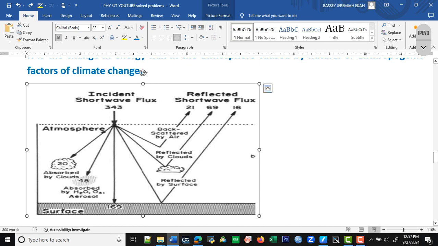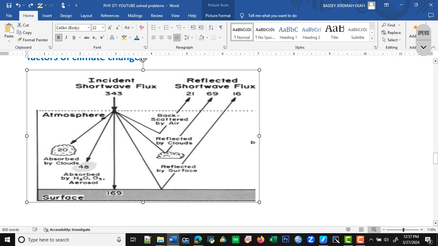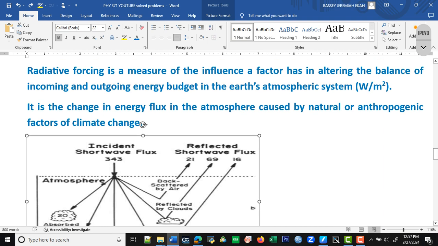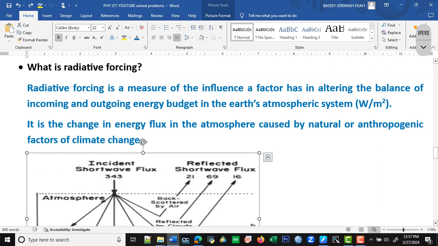Okay, so the figure is for us to really understand it well. The question was, what is radiative forcing? It's the change in energy flux in the atmosphere, which could be caused by natural or anthropogenic factors.